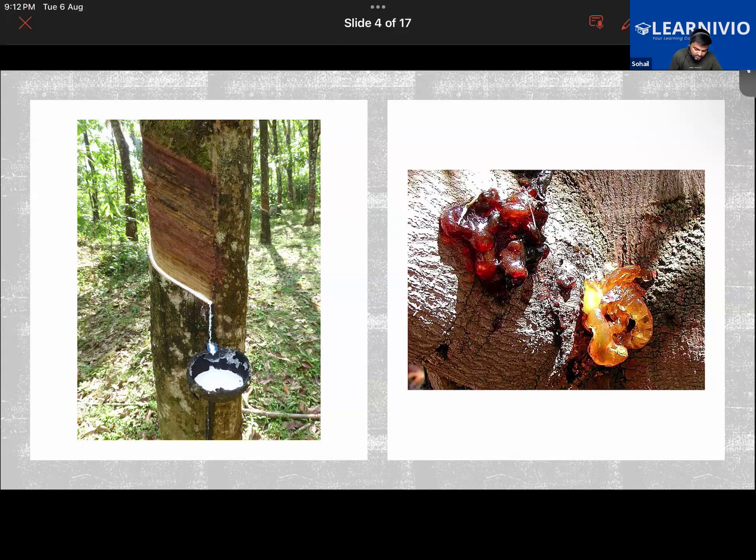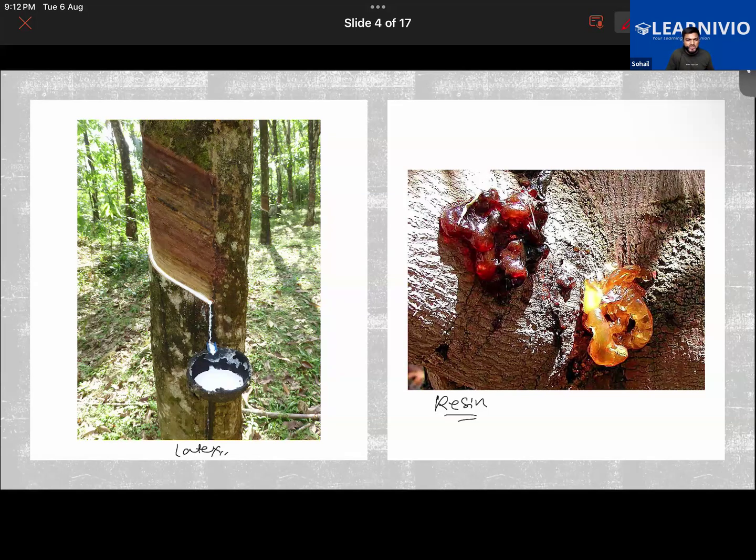So this amber, basically, it is called latex. Actually, I mean to say resin. Actually, resin, and this one over here is latex. So this resin, which is a product that we obtain from the forest, is also used to make art nowadays. Like they make resin keychains and stuff.